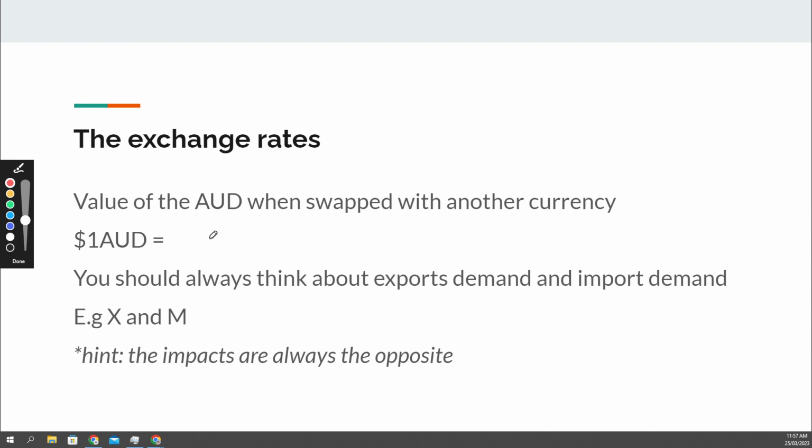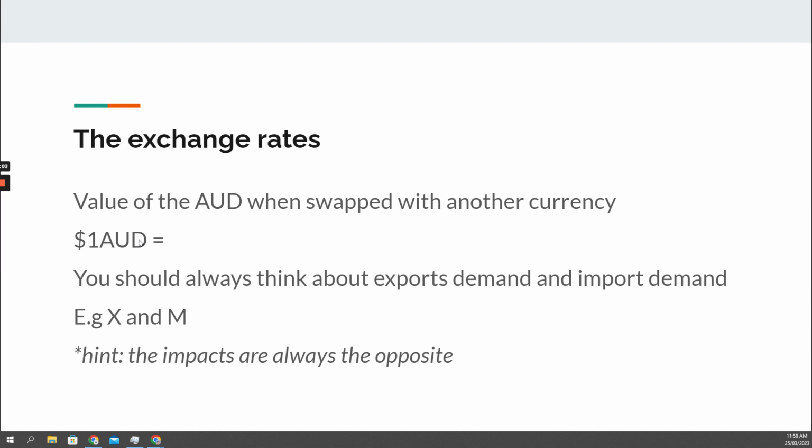Now, if the value of the AUD decreases, that means maybe 1 AUD would buy 50 US cents, and if it increases or appreciates, it might buy $1 US. So we have to think about an appreciation and a depreciation, and you should always think about what happens to the demand for exports and the demand for imports, and maybe a substitution to consumption.